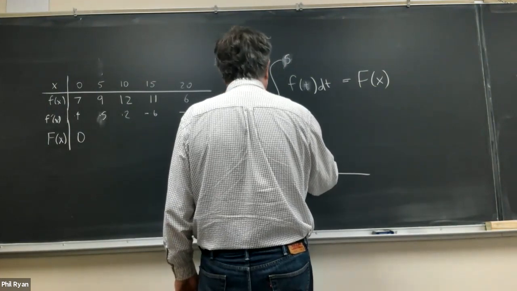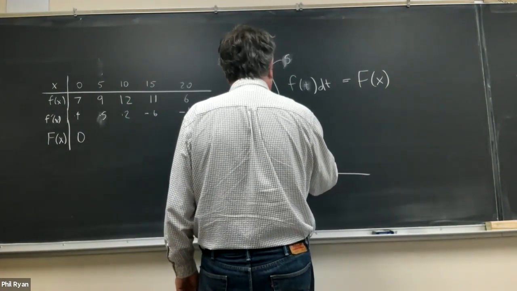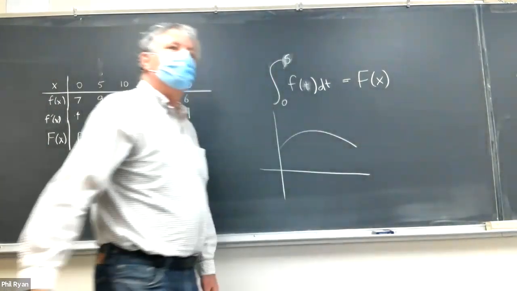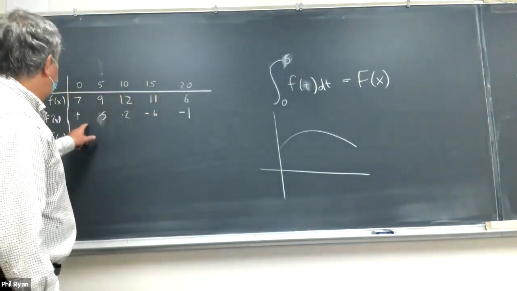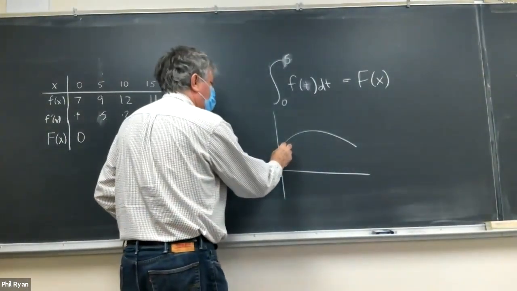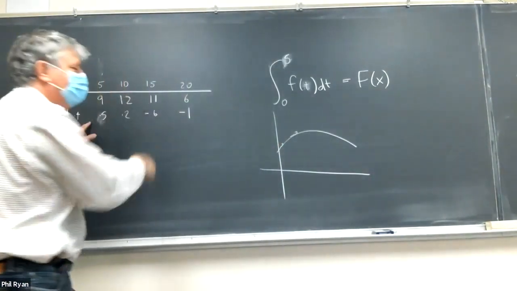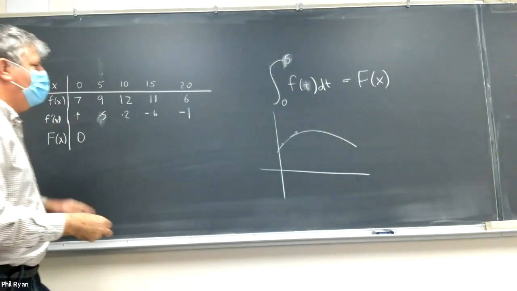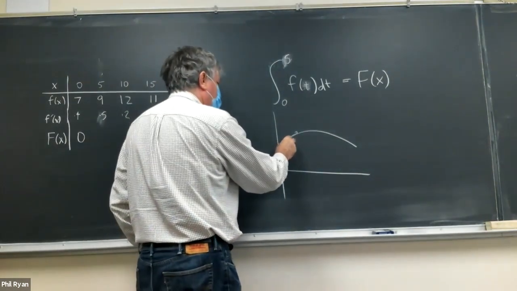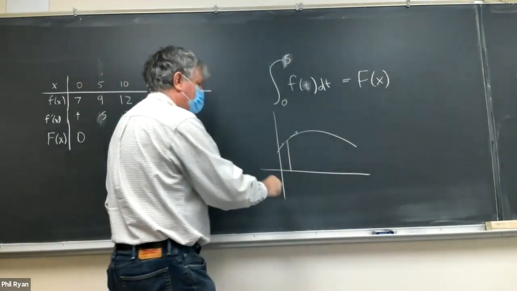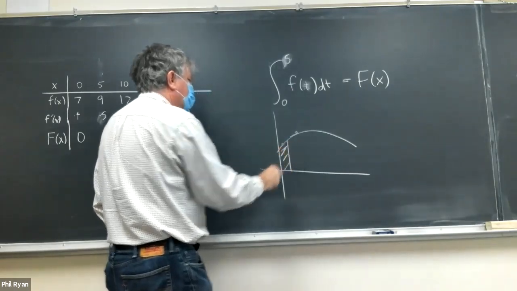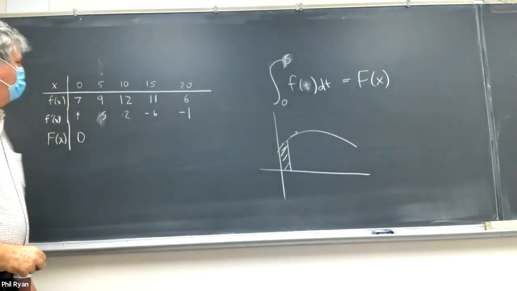So my function f looks kind of like this, right? And so here I've figured out what the slope is at any given point, and that's what those numbers here are. Now to take the antiderivative, I've got to figure out what this area is. Okay?